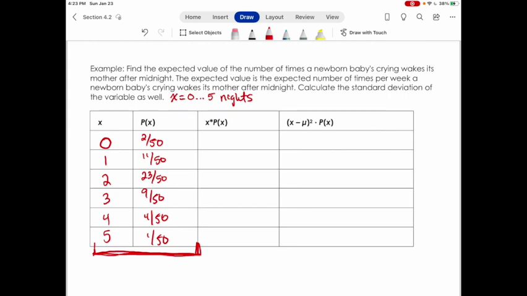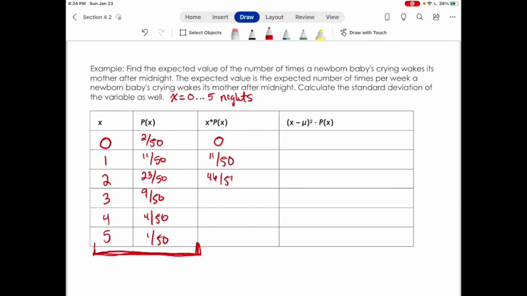If we want to find the expected value, we need to take each of our values of the variable and multiply it by the corresponding probabilities. So when I take 0 times 2 over 50, that gives me 0. When I take 1 times 11 over 50, that gives me 11 over 50.